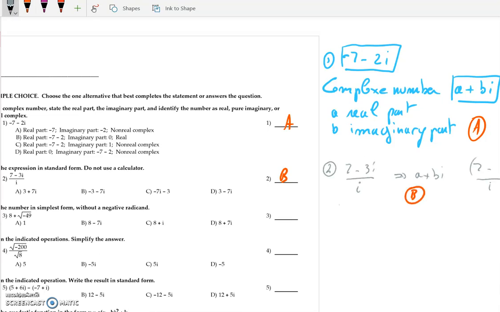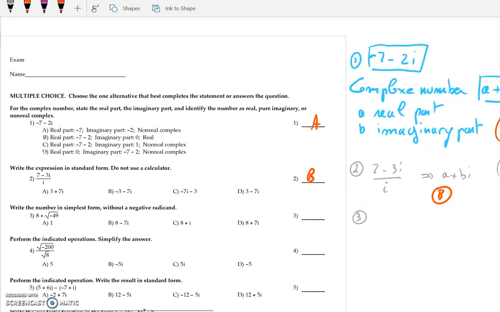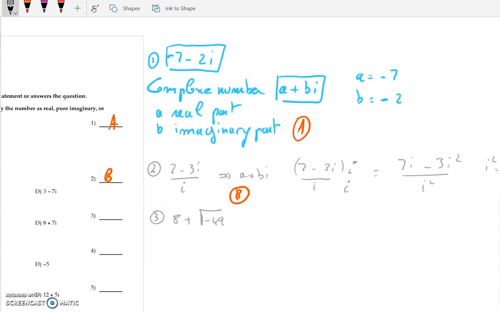Problem number 3. It's all about writing the number in a simple form without a negative radicand. So we have 8 plus the square root of -49. You know that when you have the square root of -5, for example, we end up with the square root of -1 multiplied by the square root of 5.